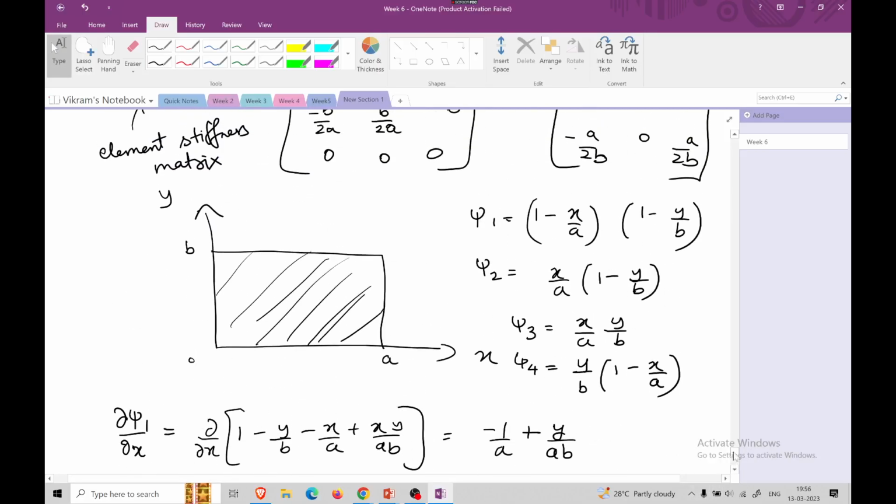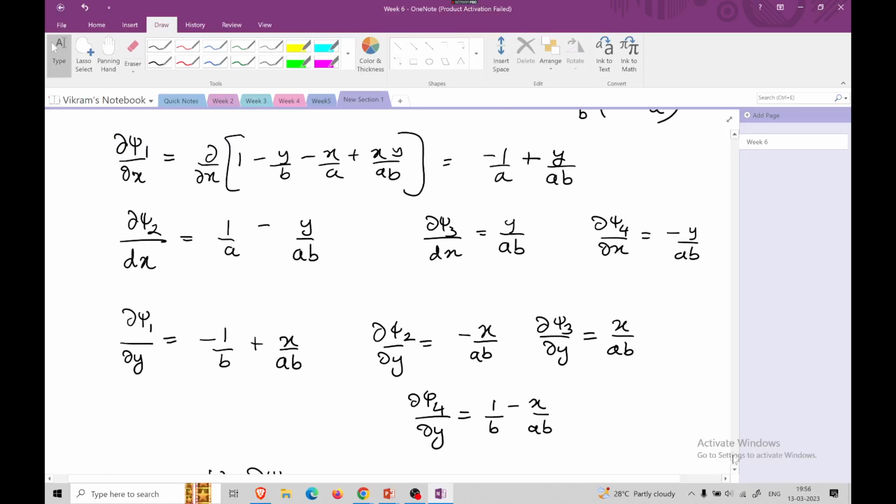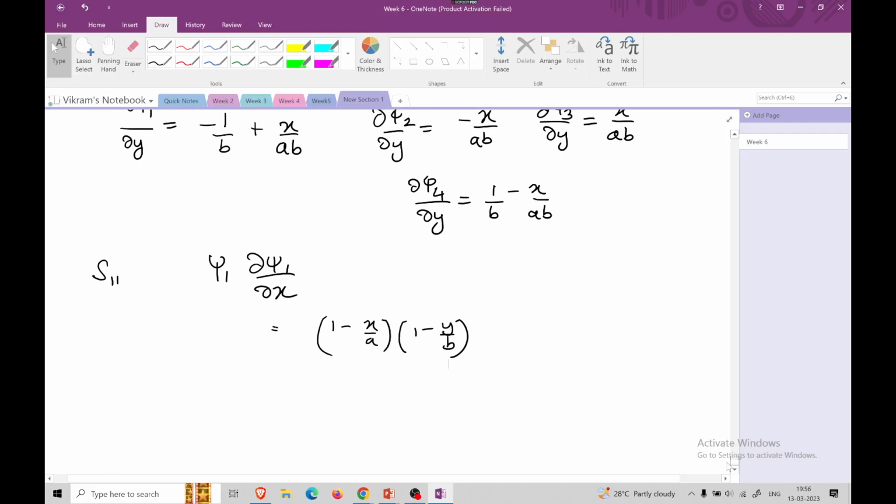What is psi 1? 1 minus x by a into 1 minus y by b. What is dou psi 1 by dou x? Minus 1 by a plus y by ab.